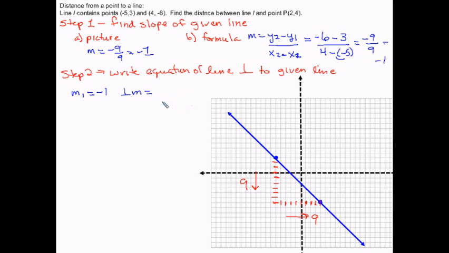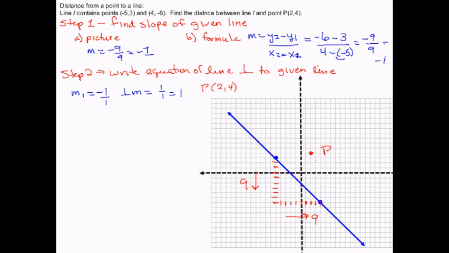Well, negative 1 over 1, perpendicular is opposite and upside down, so it would be positive 1 over 1 or just 1. So our perpendicular slope is 1. Our point P is the point 2, 4. If I plot that, P exists right here.